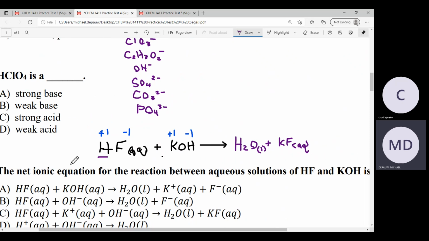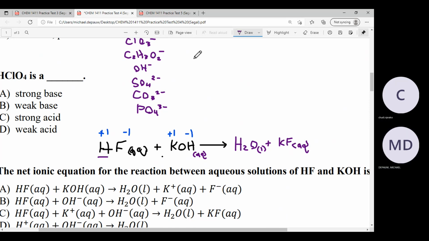Now the second step is to break apart any aqueous strong electrolyte into its component ions. That's provided, of course, it's balanced. In this case, it's already balanced. So first, predict the products, number 1. Then balance the equation. And then split apart any aqueous strong electrolytes.